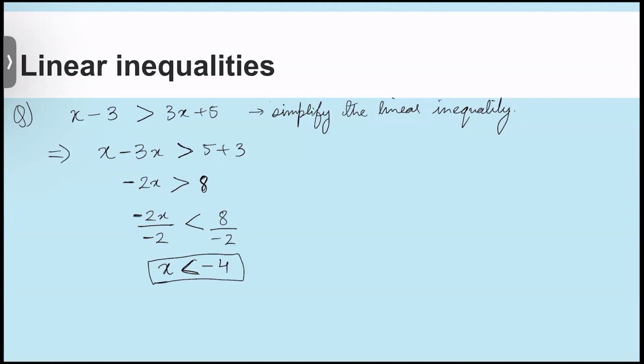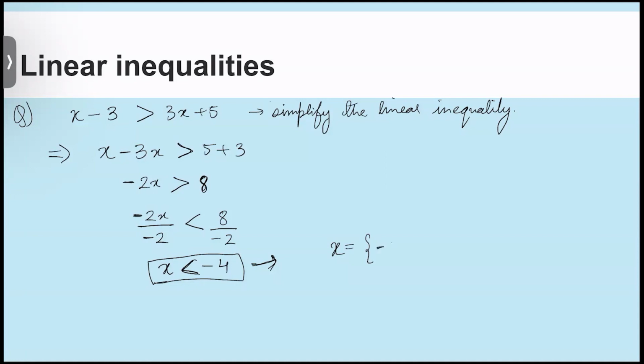Now suppose you have to find the solutions for x. So x has to be less than minus 4. If it has to be less than minus 4, there are no positive numbers that can be considered over here, and minus 4 too will not be considered.